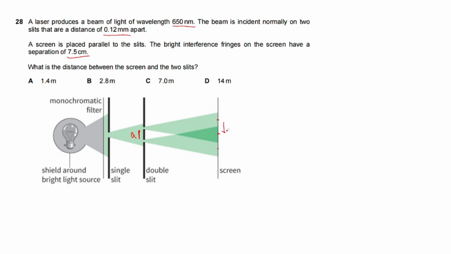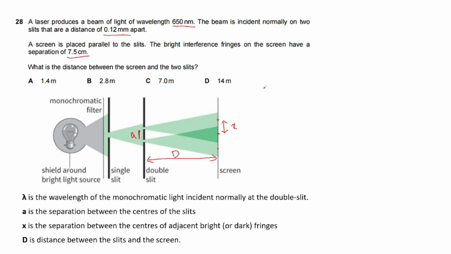The separation between the fringes is considered as x, and the distance between the screen and the double slit as capital D. So we can use the formula lambda equals a x over D to find the wavelength. We have the wavelength, a value, x value. What we need to find is the D value.